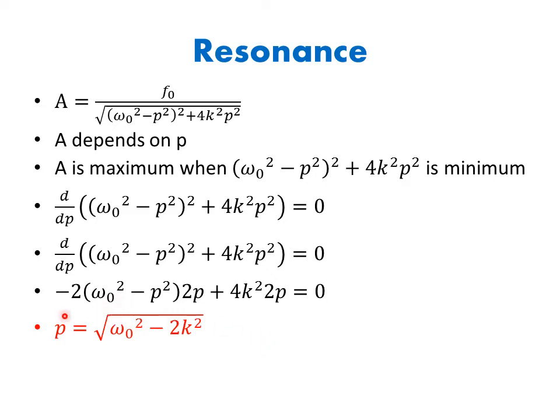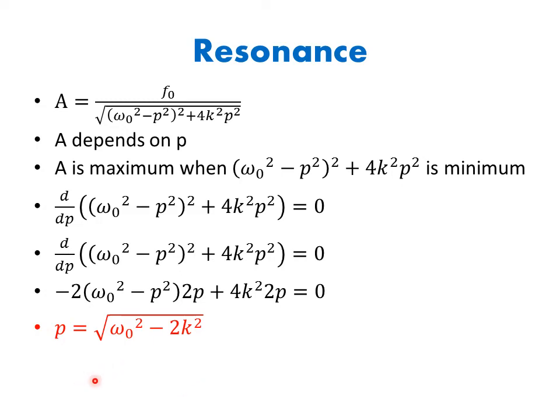You examine these terms and you will see that you got a 2 here, 2 here, and a 4 here, which we can cancel. This p and p you can cancel. So from this omega 0 square minus p square, you will be able to solve for p, and you will get p is equal to root of omega 0 square minus 2k square.